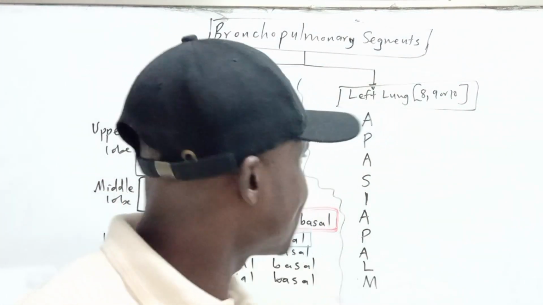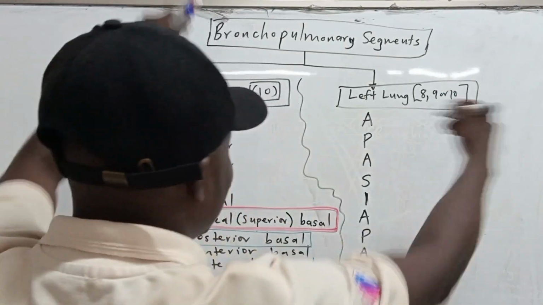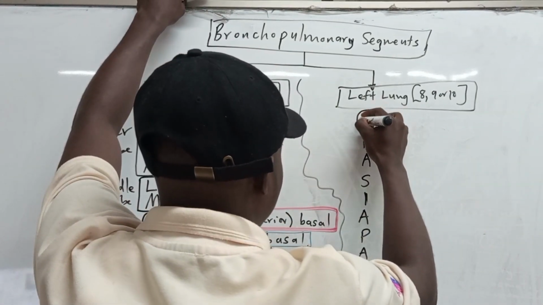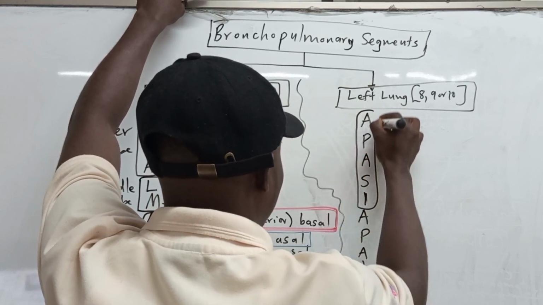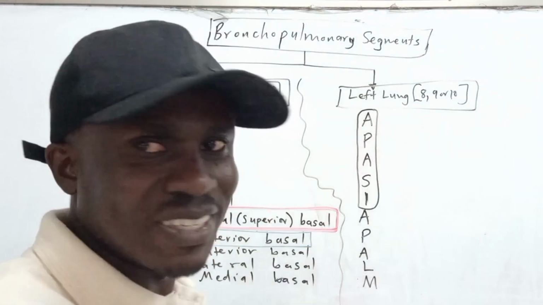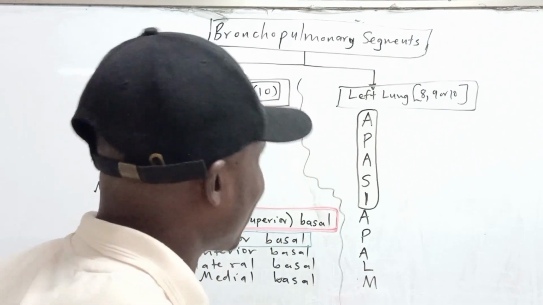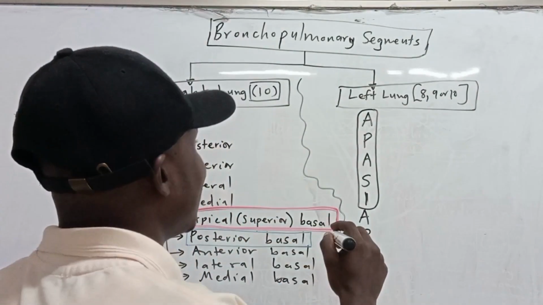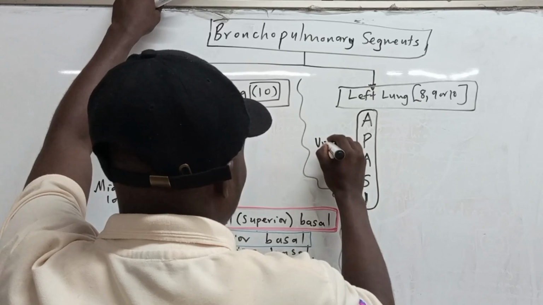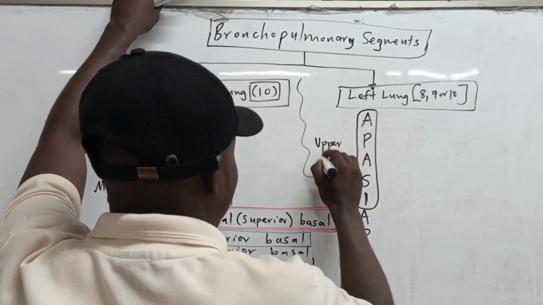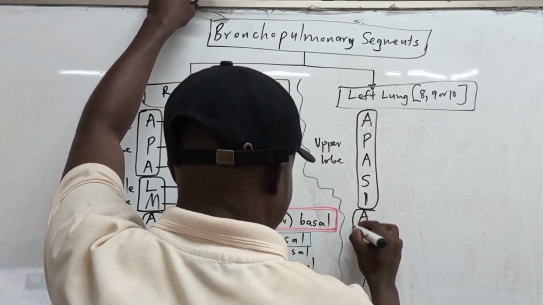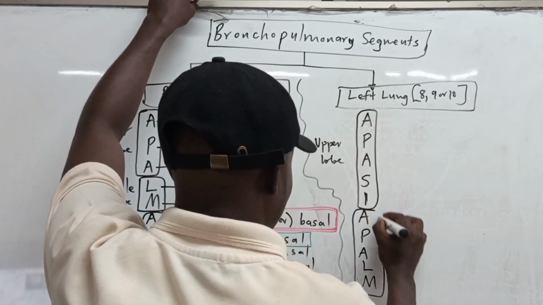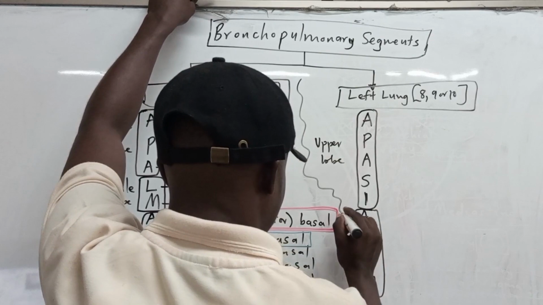So in that case, this all the way from here will be for the upper lobe of the left lung. Then the remaining will take care of the lower lobe.